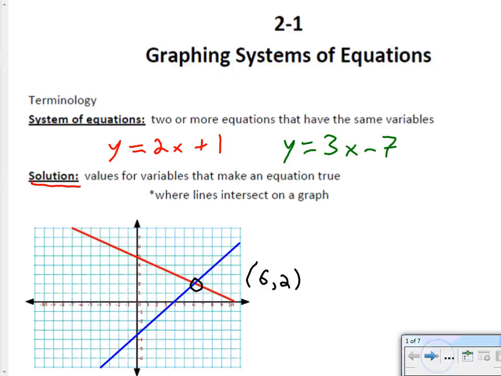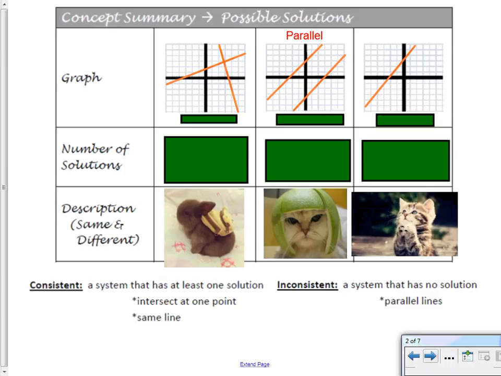I'm going to move right along here with some more terminology. On your notes, you'll see a concept summary, possible solutions. I want you to draw these kinds of graphs that you see. In your first blank, have two lines kind of crisscrossing each other, like this here. And you can see that they intersect each other at a point somewhere around there.